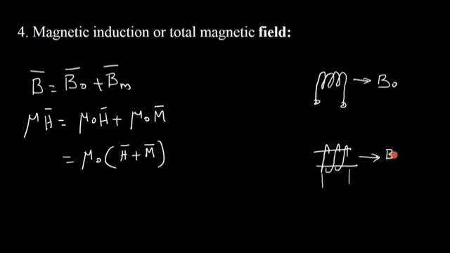So B vector is equal to B naught vector plus B m vector, equal to mu naught H vector plus mu naught I. Taking mu naught common, B is equal to mu naught into H vector plus M vector. So this is the magnetic induction or total magnetic field.